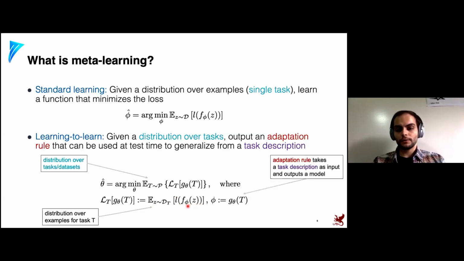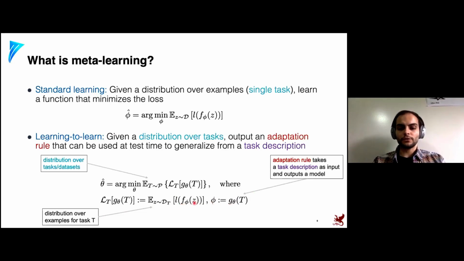The important part here is that instead of trying to learn a separate function for every task, which is impossible because if we have a distribution over tasks, technically we have an infinite number of tasks, so we would need to learn an infinite number of functions, we would like to learn this G function that would output the F function.